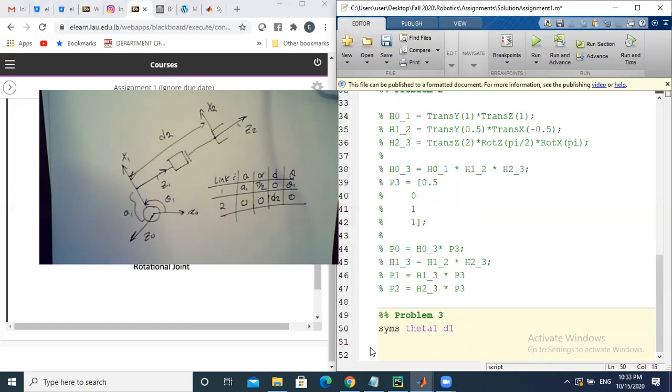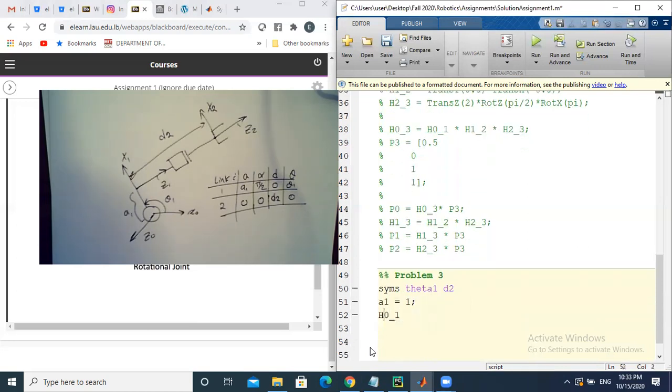Theta 1 and d2 are the variables, and a1 let's make equal to 1. Now h01 is going to be a DH: a1, alpha is pi over 2, d is 0, and then theta 1. So we get the first one.